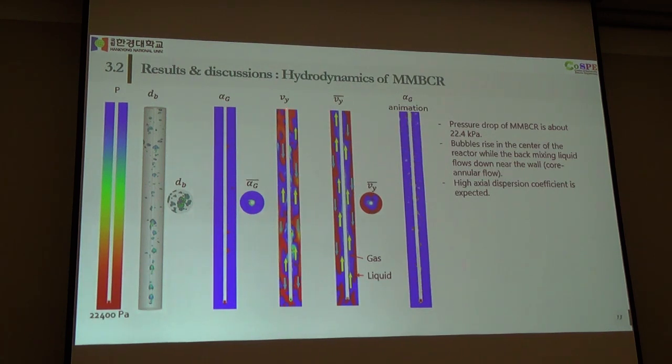There are two contours: the left-hand side is the instantaneous axial velocity, and the right-hand side is the time average of the axial velocity. In the time average axial velocity, we see that most of the gas rises at the center and falls down near the wall. So core annular flow and a very high axial dispersion coefficient are expected in this reactor.